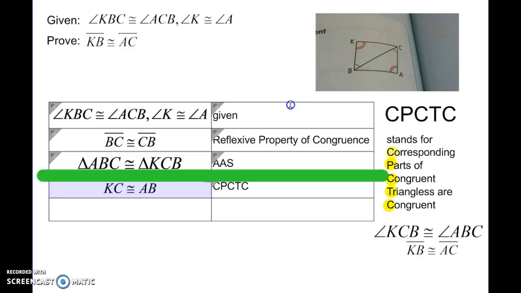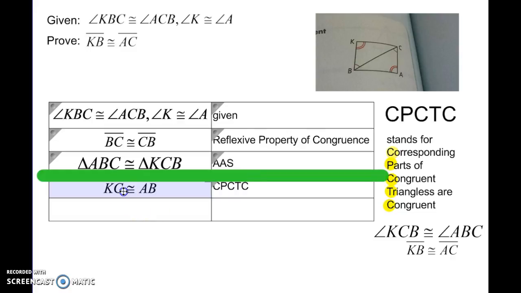You will notice a pattern: once you always get triangles congruent, CPCTC always follows triangles congruent. Notice everything below the green bar is everything we already know is congruent, or that we now know are congruent because of congruent triangles.